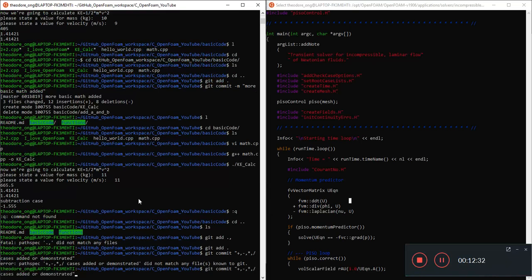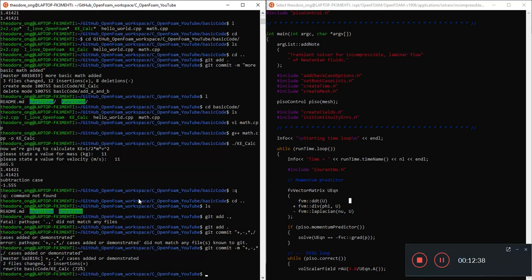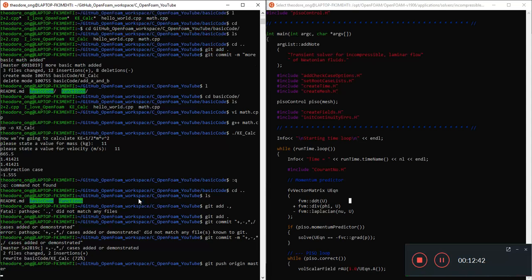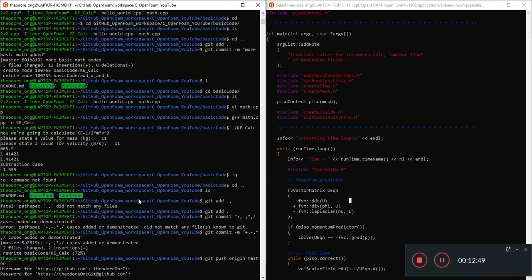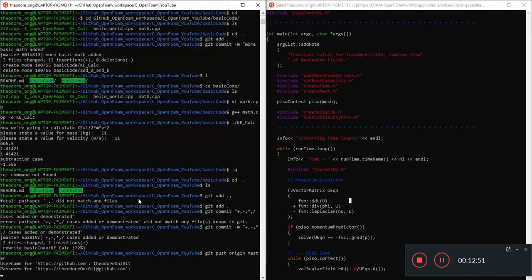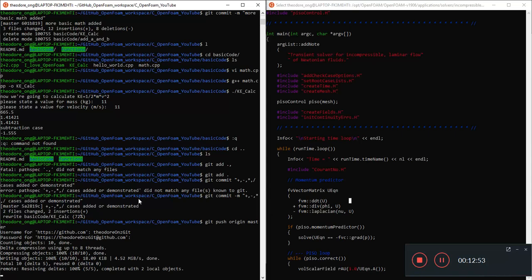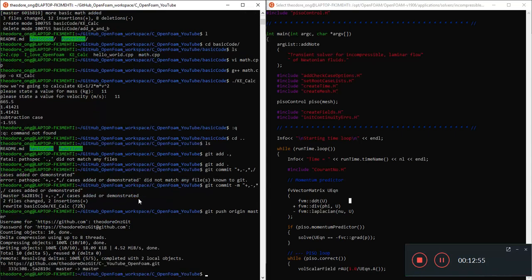Alright, I forgot the message I need to write. Okay, there you go. So git push origin master. Alright, so just uploading this on GitHub, the repository link you can find in the description.